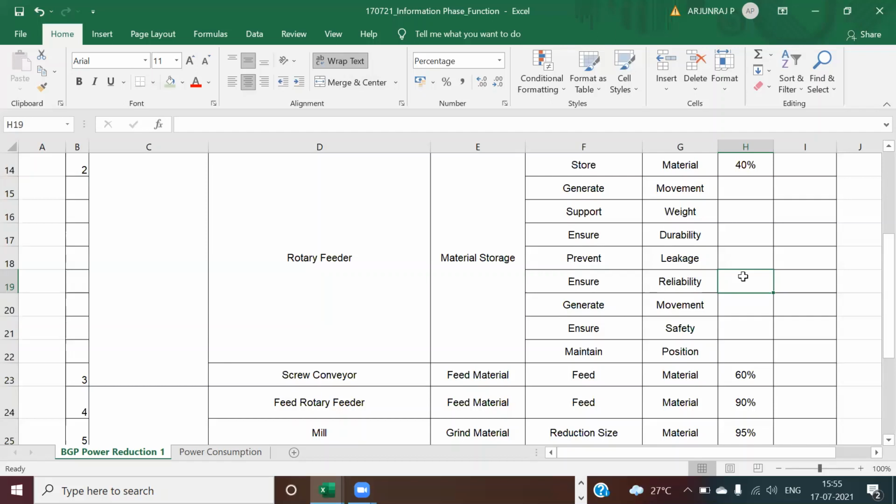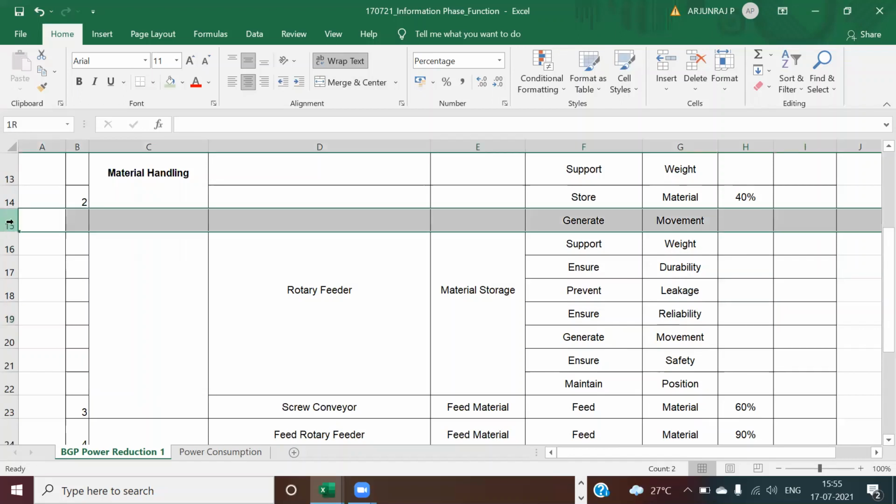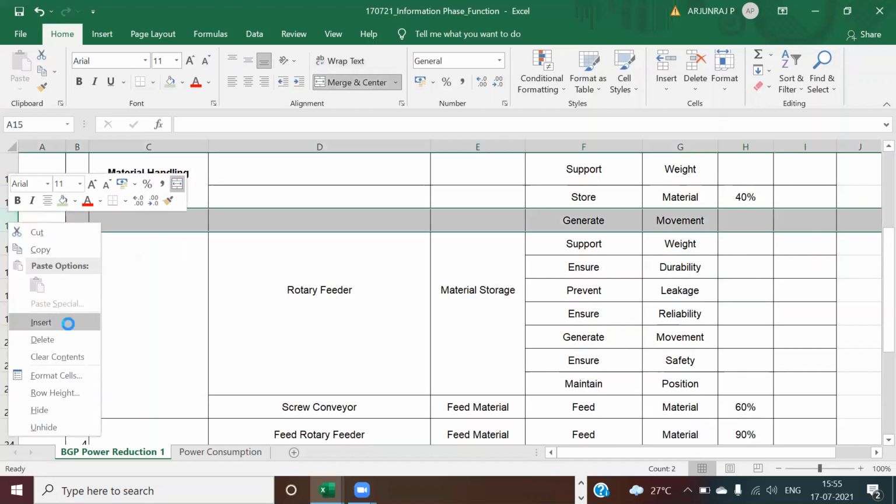Normally we take vertical top-to-bottom discharge, but there is a rotary feeder which can collect from one angle and discharge the material at 90 degrees. It means transfer the material. Can you write it as transfer material? Yes, we can write transfer material.